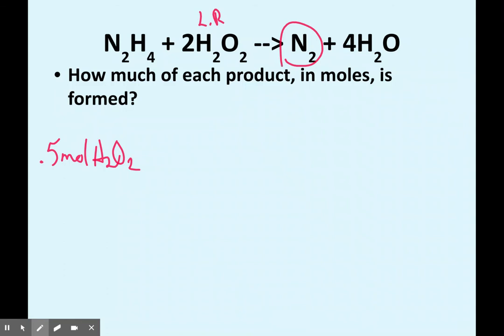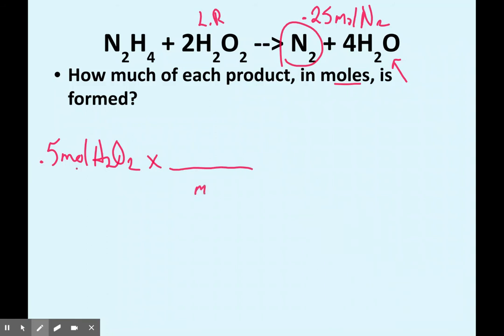So we can just go back and write that down. And if you didn't take notes, we produced 0.25 moles of N2. Now we need to figure out how many moles of water we would produce. So always start with your limiting, and now we just have to take it to moles of water.